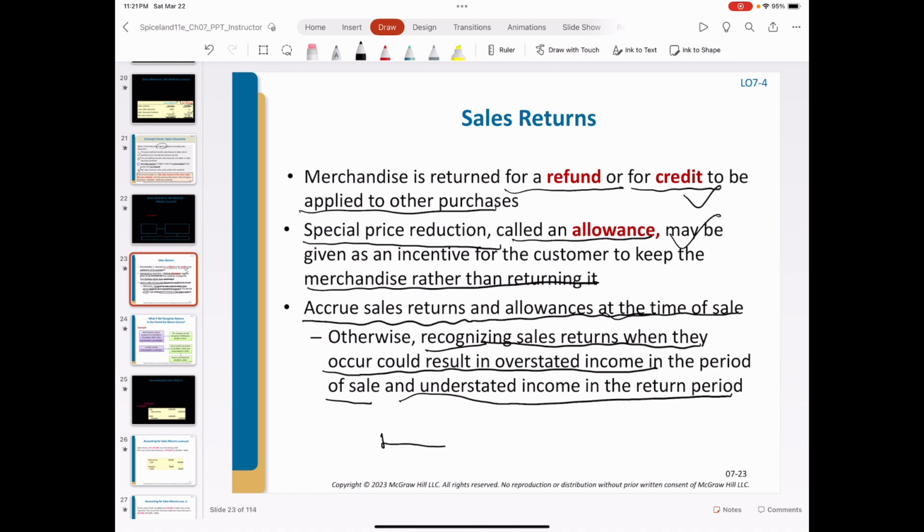The reason is that financial statements are prepared periodically. So the sales may happen in accounting period 1, while the return or allowance may occur in period 2. If we do not account for the potential sales return or allowance in period 1, the sales in period 1 will be overstated, or the income will be overstated.